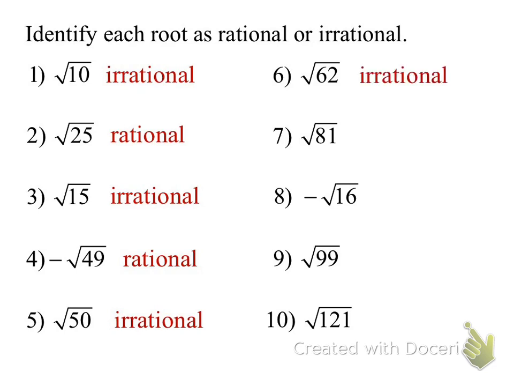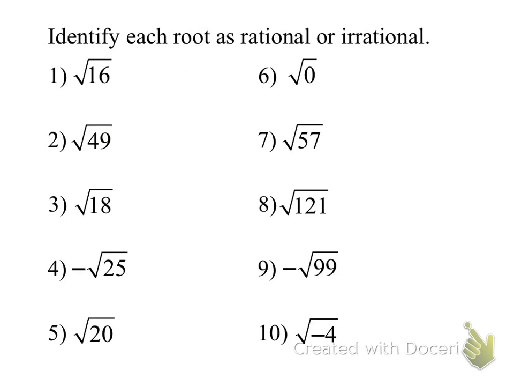Irrational. Good. Number 7, Max. Irrational. Good. Number 8, Eitan. Irrational. Good. Number 9, Harrison. Irrational. Good. And number 10, Daisy. Rational. Good. You get the idea?